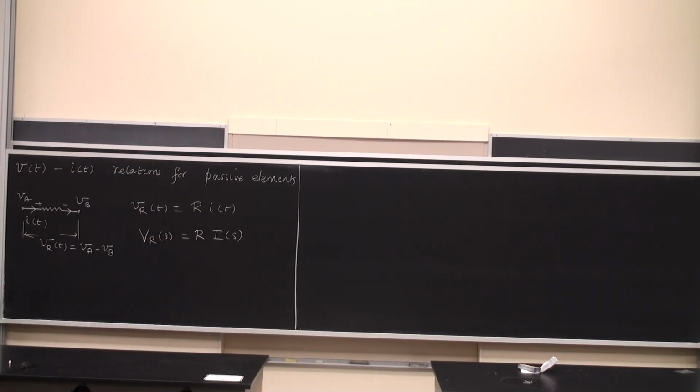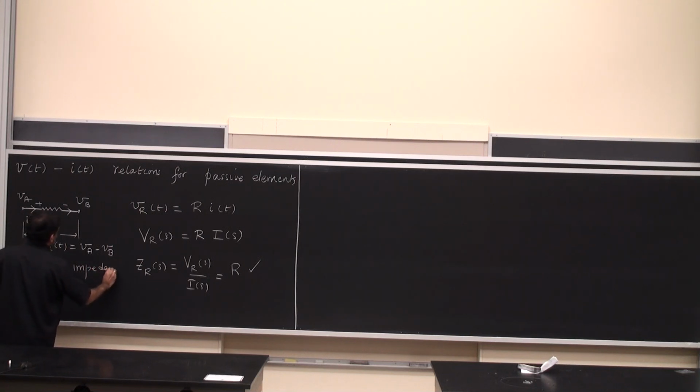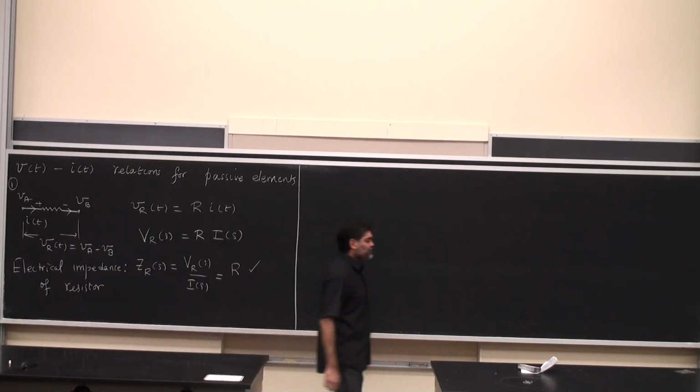The impedance is defined as ZR, which is VR over I, the electrical impedance of the resistor. Okay, this is where we stop.